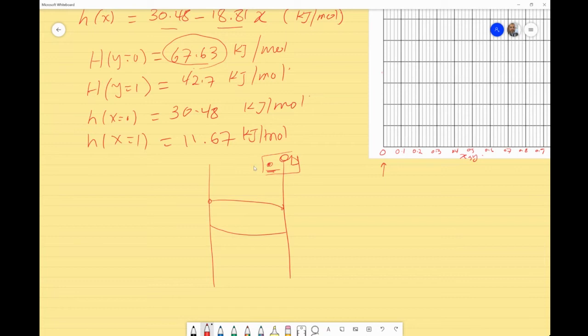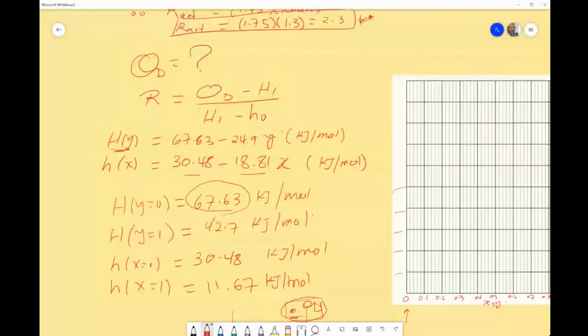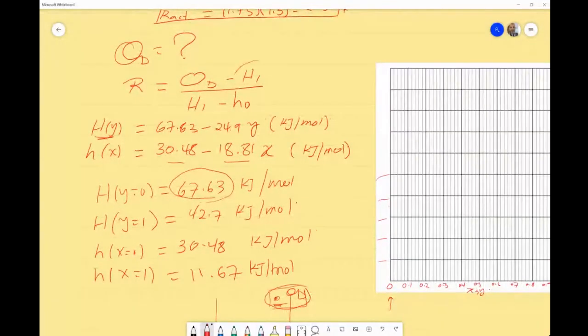So before I start scaling, putting numbers here, I'll have to check first what OD is, and then I can compare it and be 100% sure my graph will be okay. So how am I going to determine OD? I have to go back to this equation. I need H1 and I need H small 0 here.